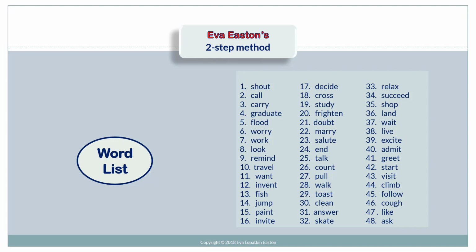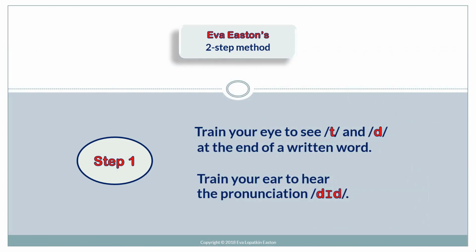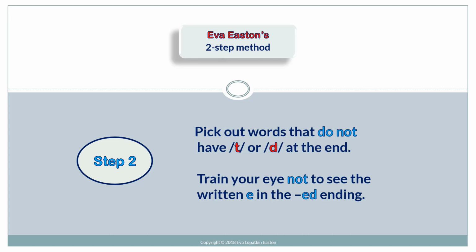And so, for Eva Easton's two-step method, you need a word list, and then go through step 1. Train your eye to see t and d at the end of a written word. Train your ear to hear the pronunciation id. Step 2. Pick out words that do not have t or d at the end.